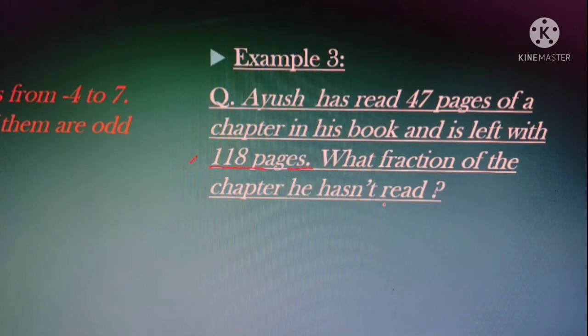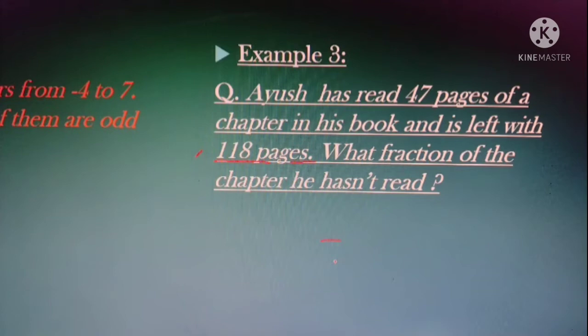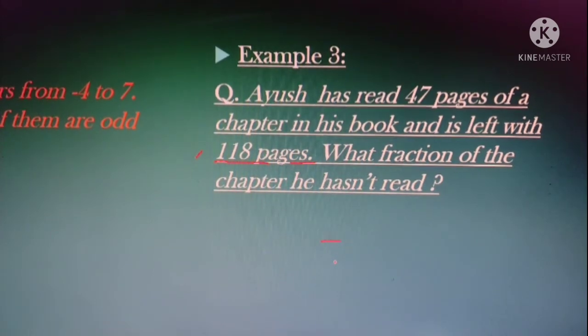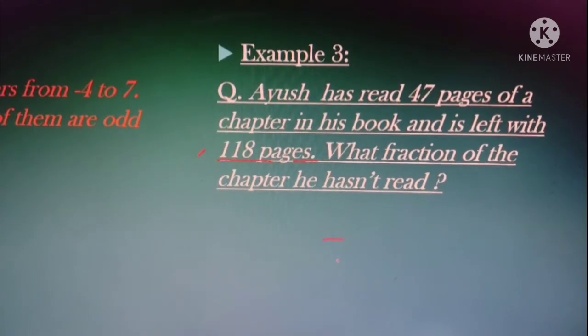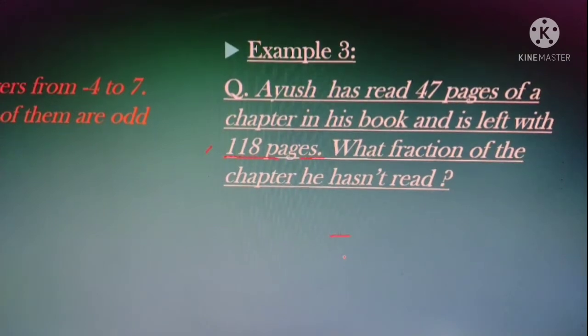Now you have to write it as a fraction. So first of all, you know that you have to give one division line. Below the division line, you have to write the total pages of the chapter. So total pages means 47 pages that he has read plus 118 pages that are still left.